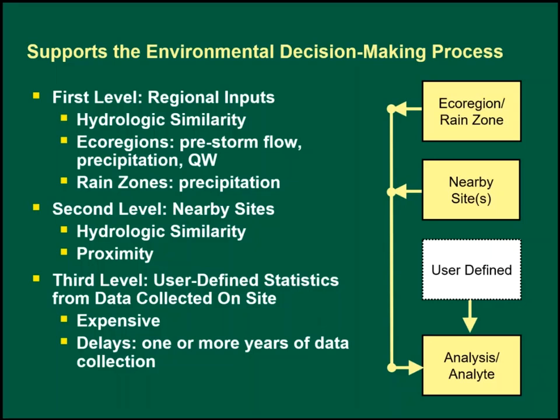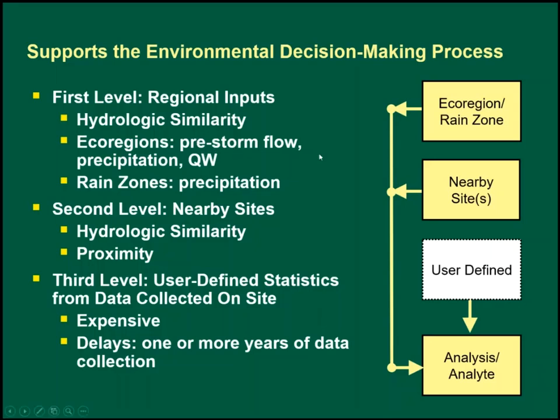In contrast, you can come up with fairly decent estimates using SELDM, once you get the feel for it, in 15 or 20 minutes. At the first level, we're looking at the idea of hydrologic similarity. We're looking within a region for what the statistics for the region are, and we're assuming they apply to our site.